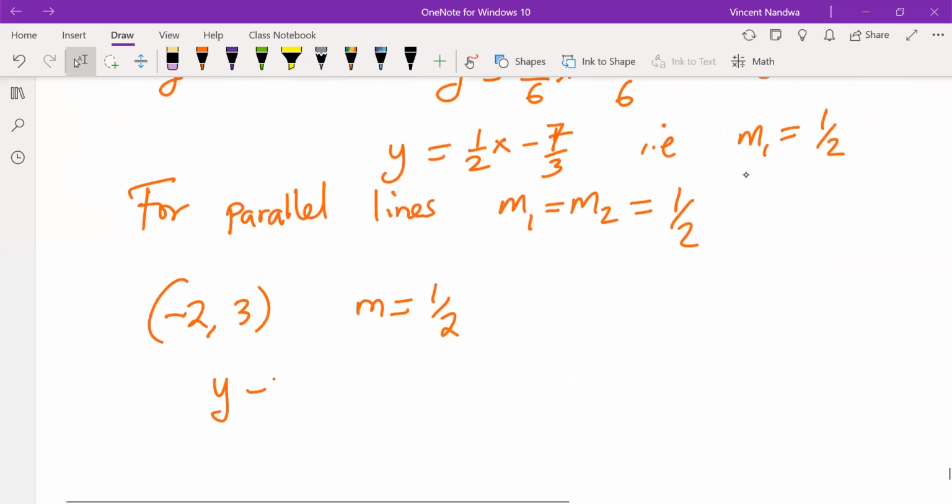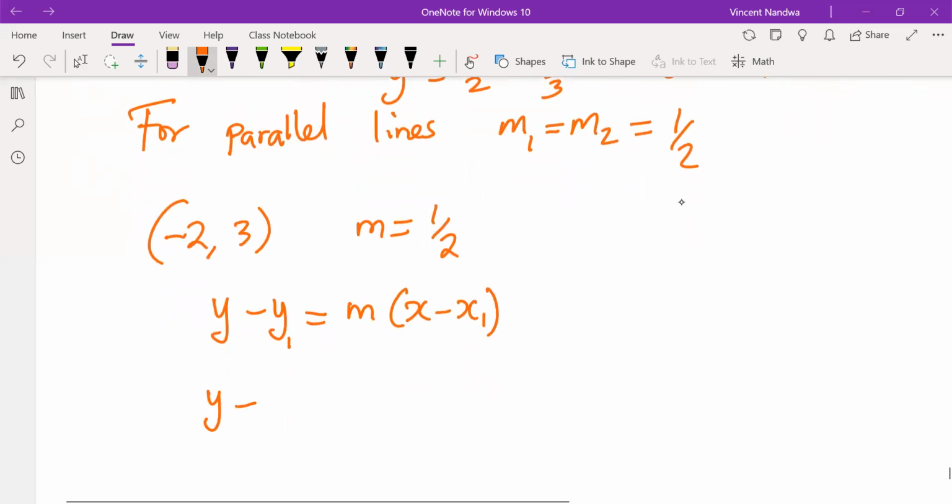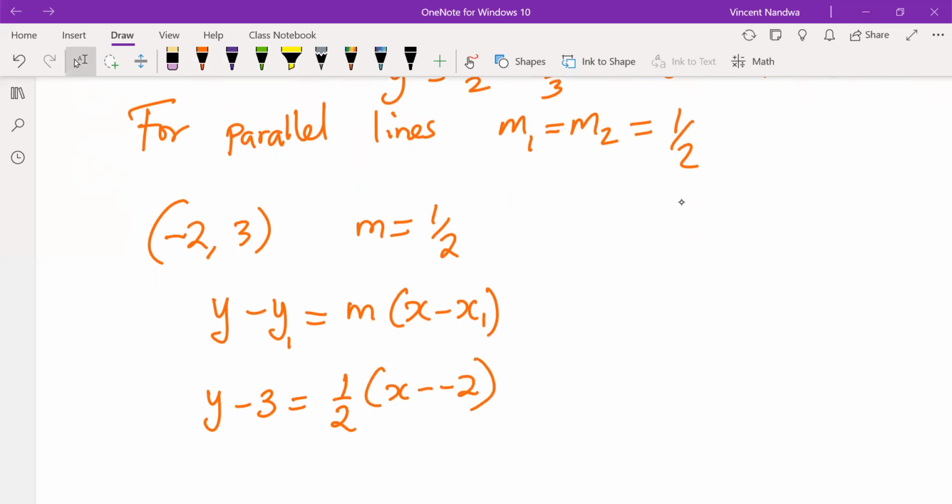So the point form of a line is y minus y1 equals m times x minus x1. So which will be y minus 3 equals 1/2 into x minus minus 2.